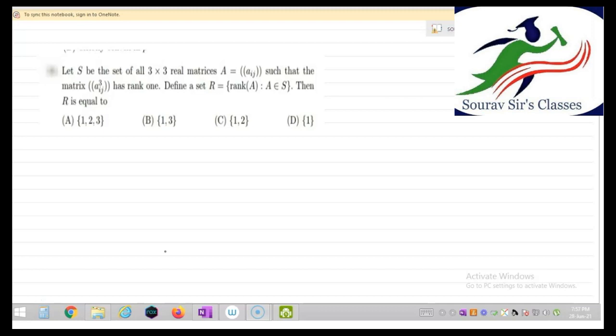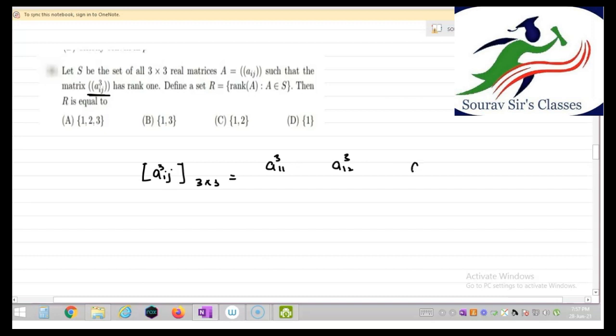What is given to us? The rank of this matrix is 1. So I am considering this matrix Aij cube, 3 cross 3. So this is nothing but A11 cube, A12 cube, A13 cube, A21 cube, A22 cube, A23 cube, A31 cube, A32 cube, A33 cube.